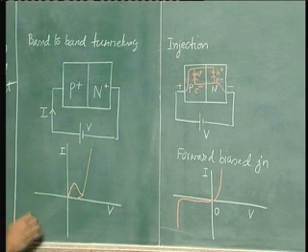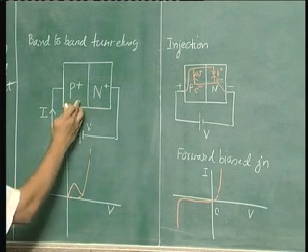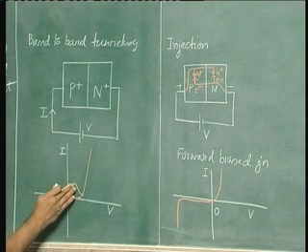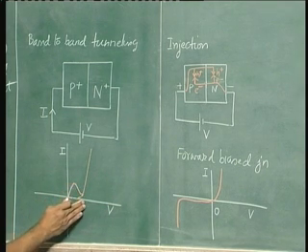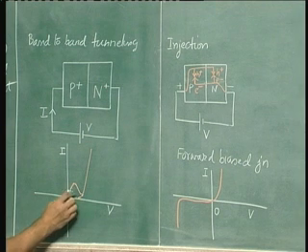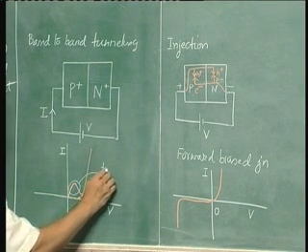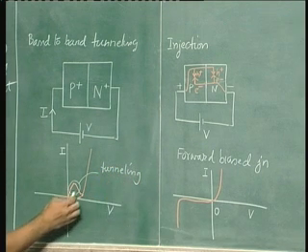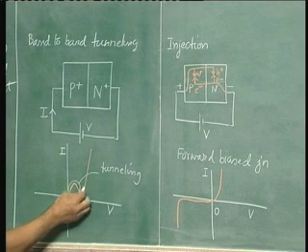So what is happening is that because of tunneling, a current starts increasing very rapidly, but the tunneling phenomenon drops off beyond a certain voltage. So this entire current is because of tunneling. And then the normal process of injection that we have discussed takes over. Okay?